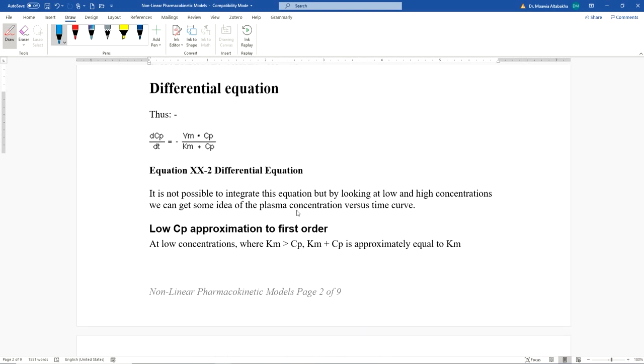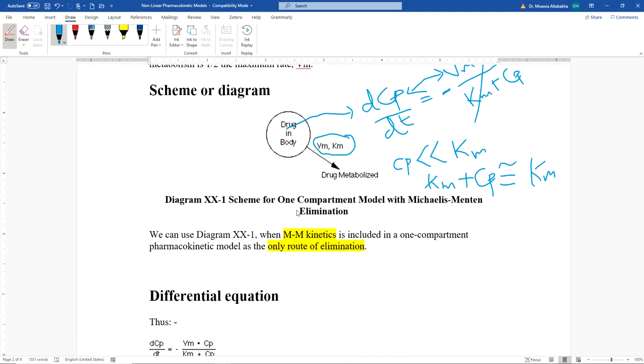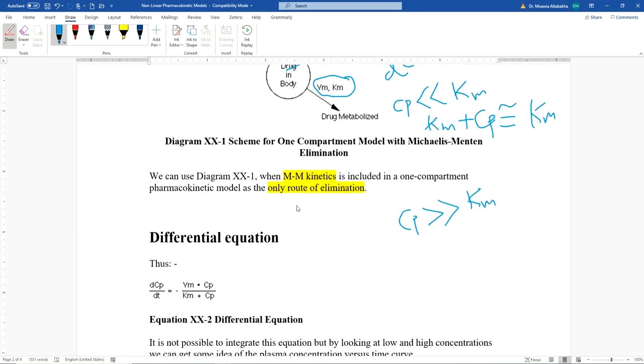What about the opposite case? The opposite is that Cp is much larger than Km. So what do we have for Km plus Cp? Km is negligible compared to Cp, so the answer will be approximately Cp.